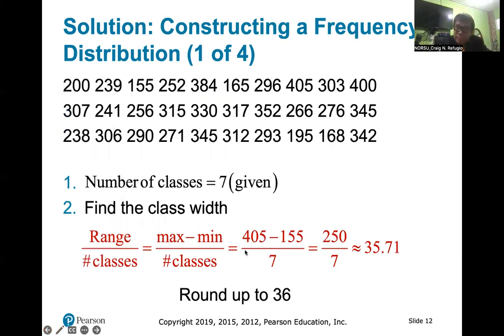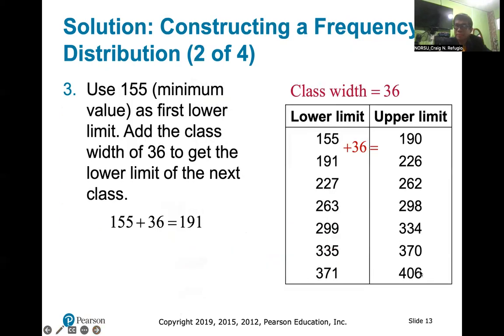So 405 is already found in this class interval, 371 to 406. So we stop in here because our highest value is already found in this interval.